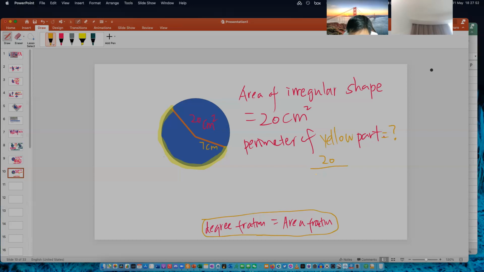So the area of the circle is 22 over 7 times pi r squared, right? Am I right or not? So this is the area fraction. Can you help me out?